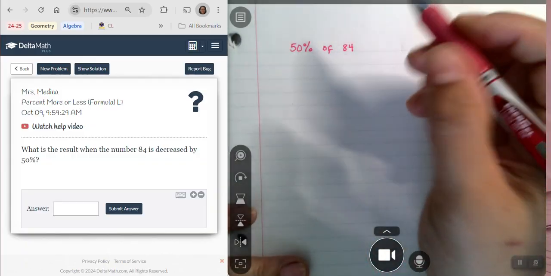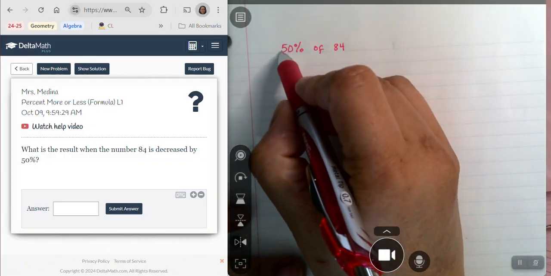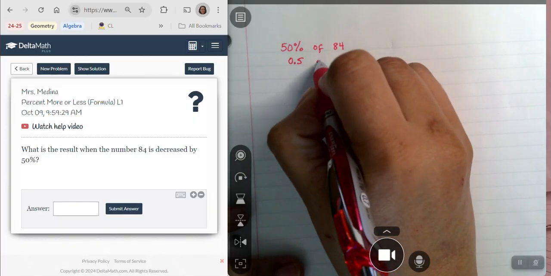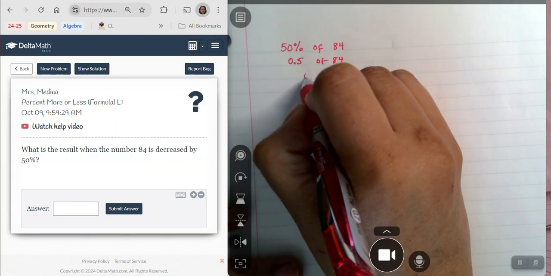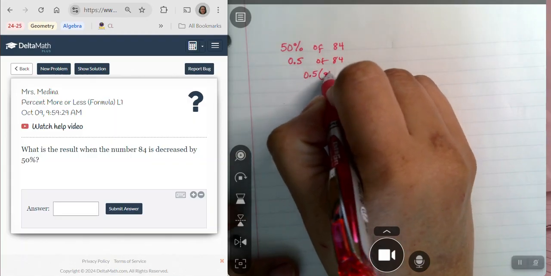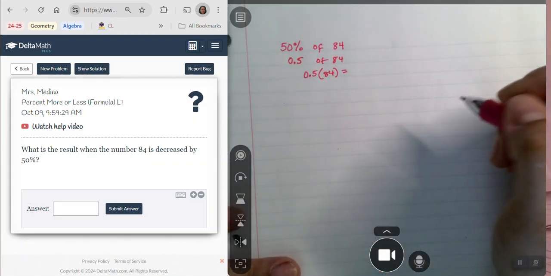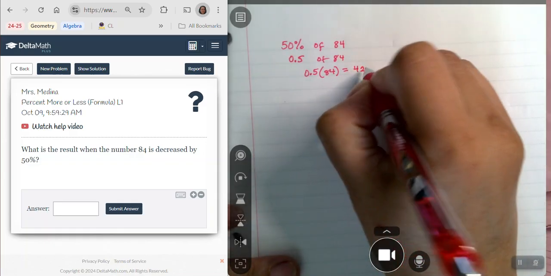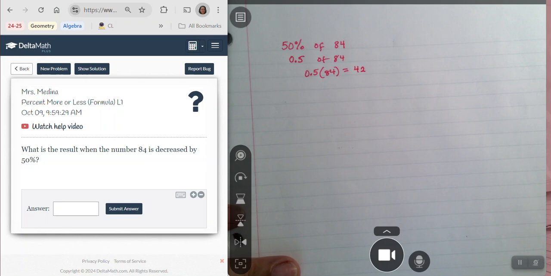Or you can just know to turn this into a decimal. Dividing by 100, this will give me 0.5 of 84. That's technically 0.5 times 84. And what's that, 42? All right, so 42, which makes sense. 50% is half, okay?